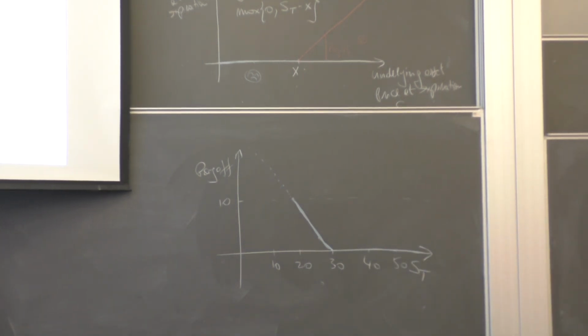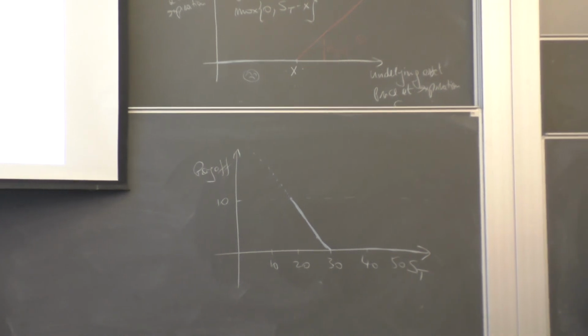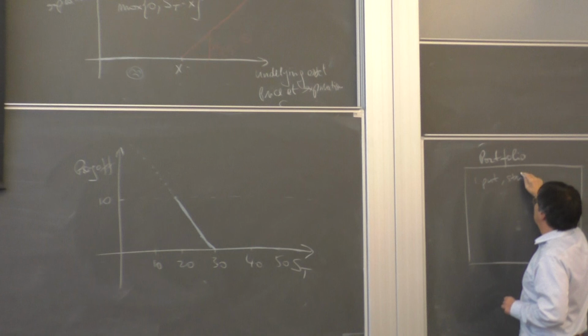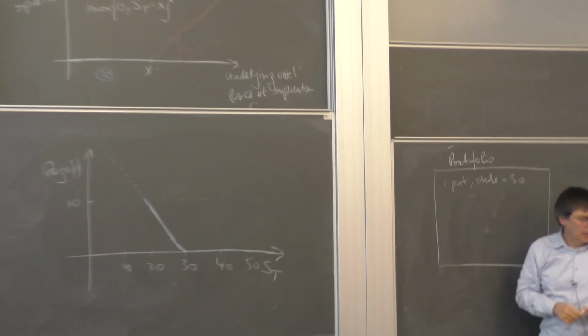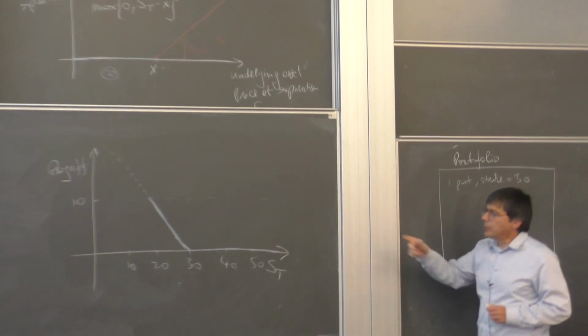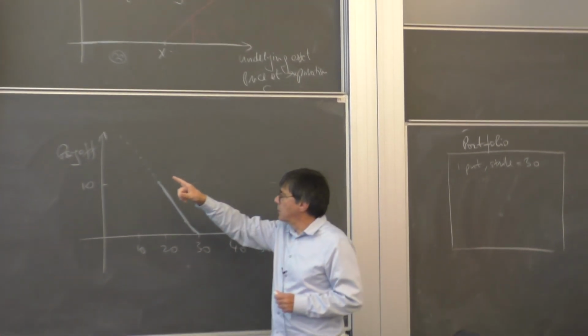Let's start by putting one put, strike is 30. Now, we don't want this, we want that. So what do we have to do?